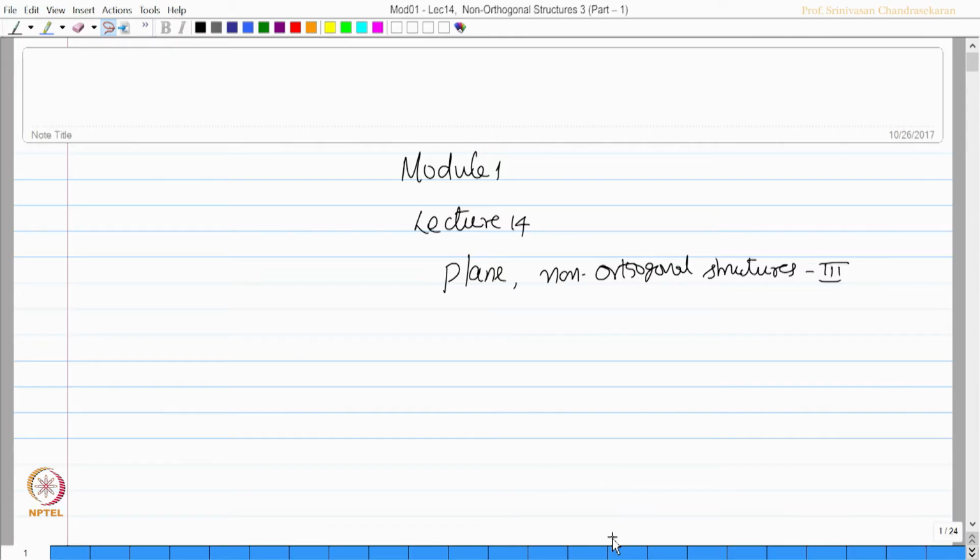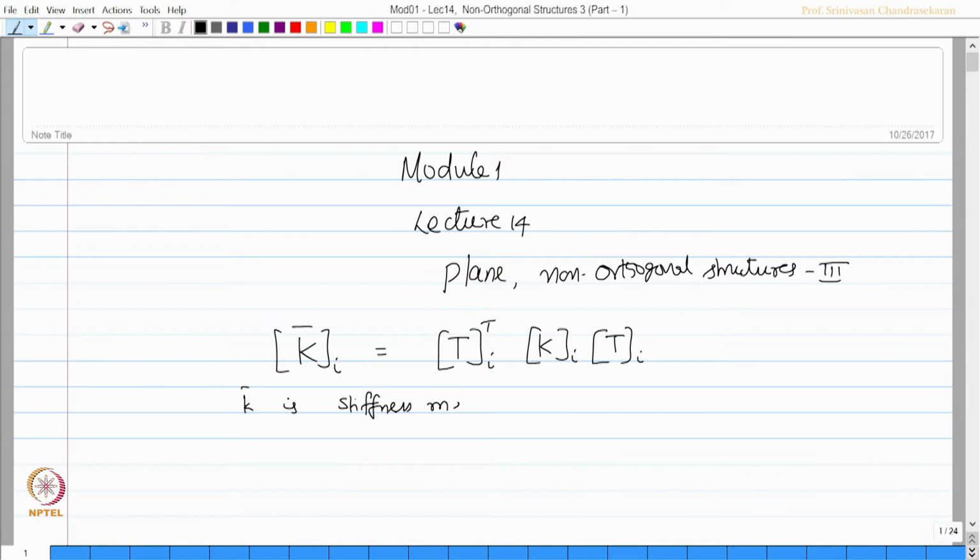We already said that k bar of the ith member can be given by T transpose of the ith member, k local of the ith member and T of the ith member, where k bar is the stiffness matrix of the ith member in the reference axis system.